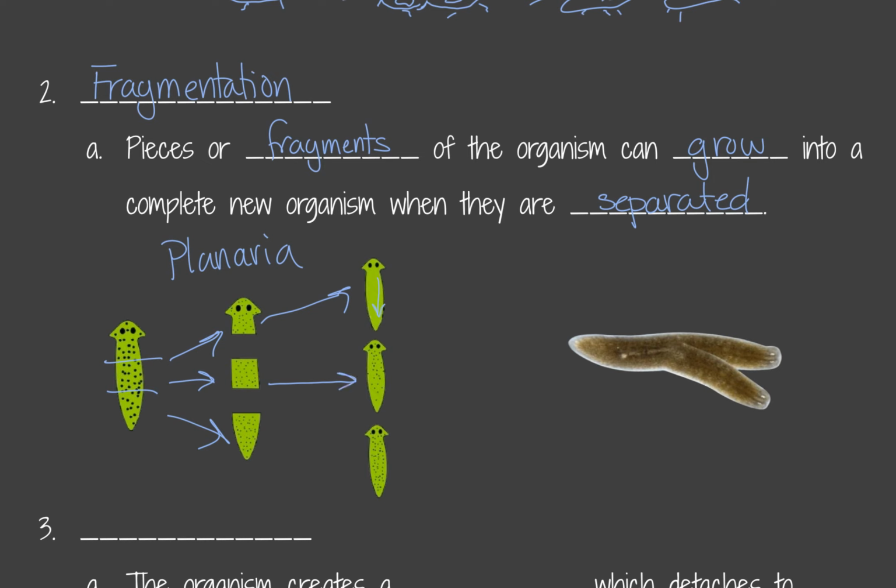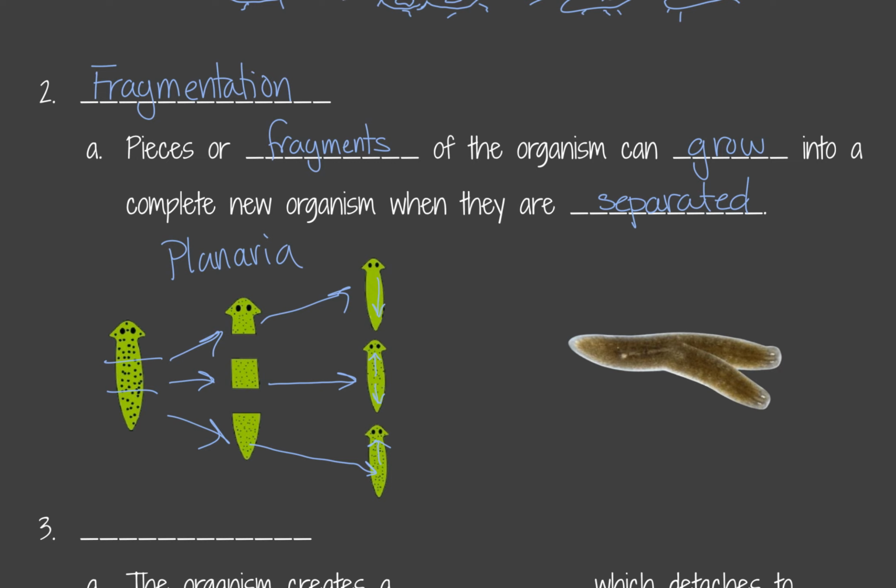The middle piece can grow a new head and a new tail, and the tail piece will grow a new head. And all three sections will develop into their own worm. And if you look, we've now gone from one worm to 3 worms. That is reproduction just by being split.